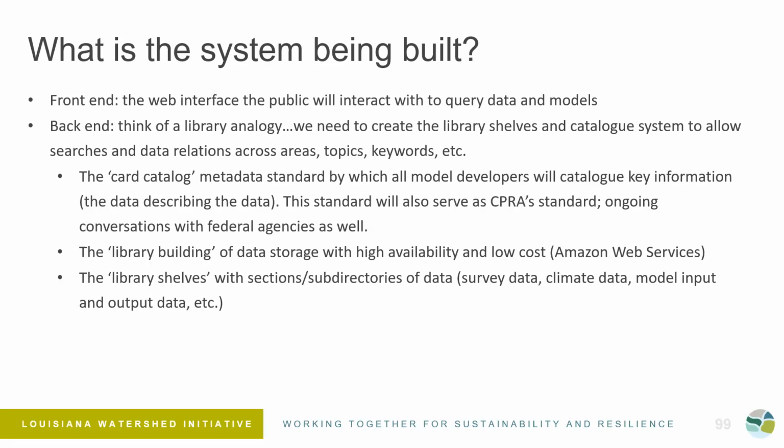Someone who's not a modeler might just want to go in and find a flood map that was spit out of a model. Someone who's a modeler might want to go in and see what rainfall data set was used for some reason. And so developing the web interface where these different user groups can navigate to what they seek is the first piece of it.